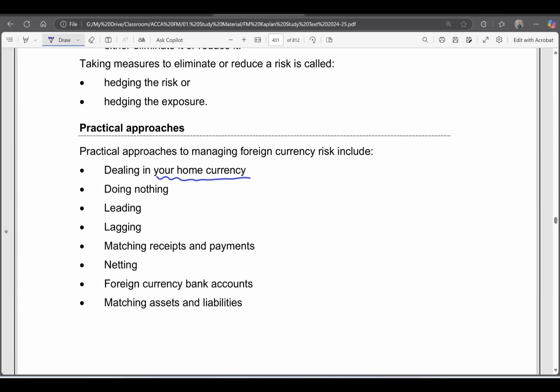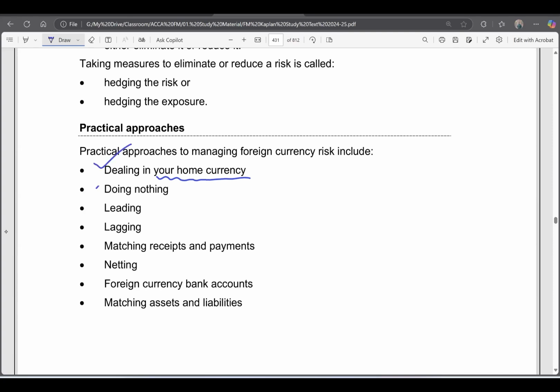Like ACCA, they ask us to pay in pounds. Wherever in the world you are based, Dubai, India, you have to pay in pounds. If it's the subscription fee, you have to pay in pounds. So they don't need to worry about any exchange rate variation at all. That's one option.